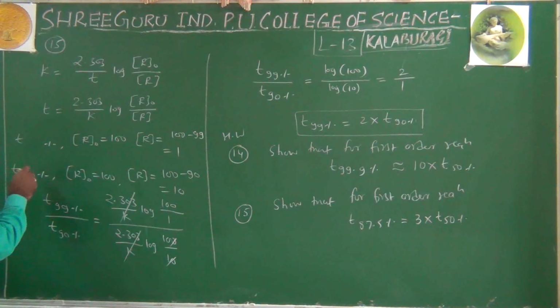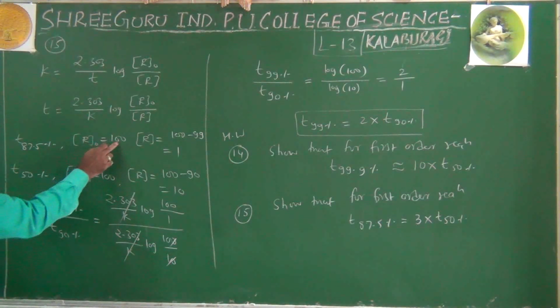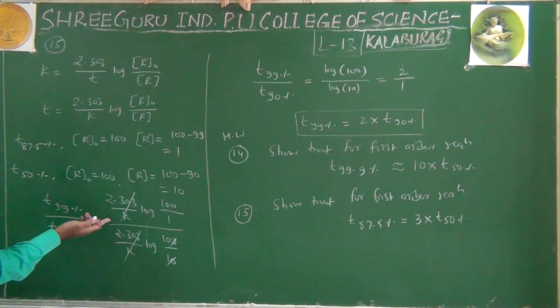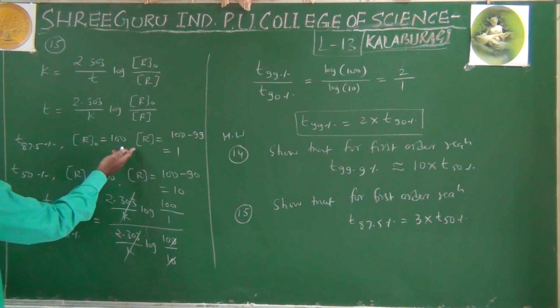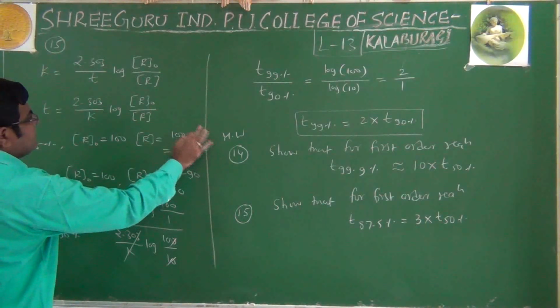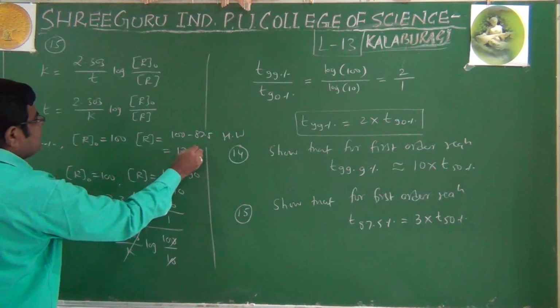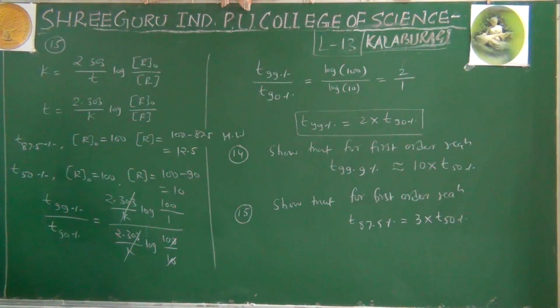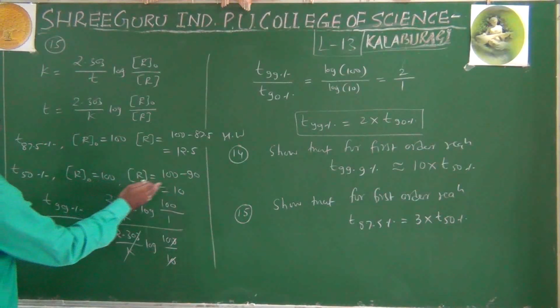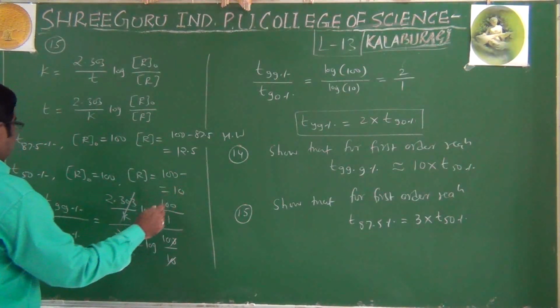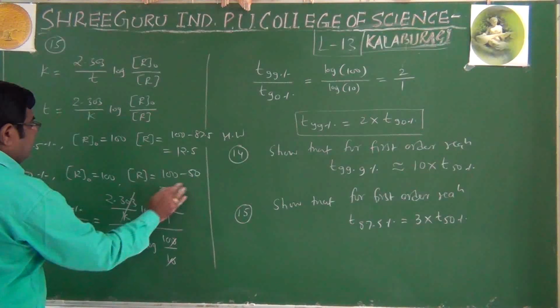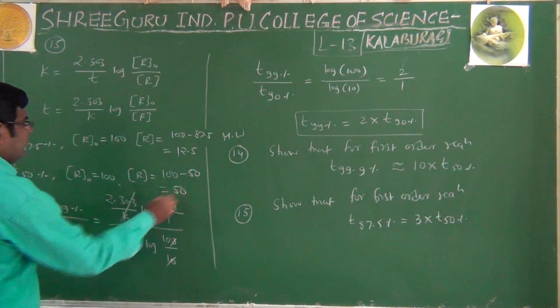Now they are talking about t 87.5% and t 50%. For that R0 is 100, the same in both. R equals 100 minus 87.5, which is 12.5, and for the other, R equals 100 minus 50, which equals 50.